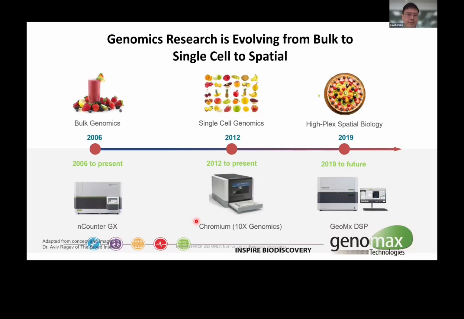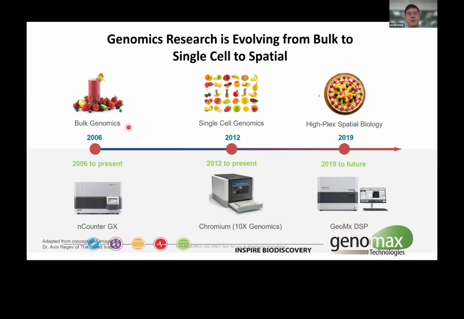So first, using fruits as an analogy, we can see why it is important to do spatial biology. Back in 2006, when the nCounter platform or NGS first came out, it was possible to do bulk genomics.